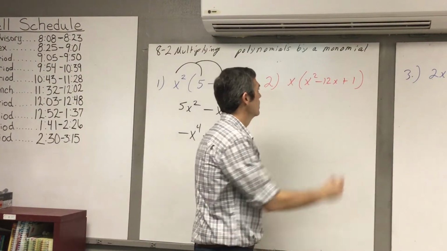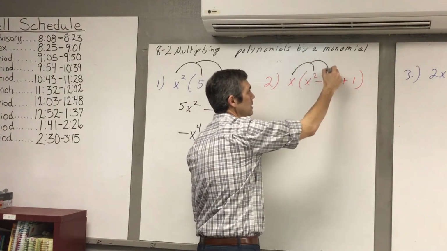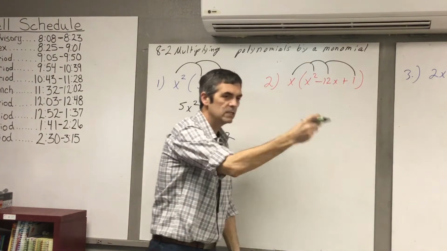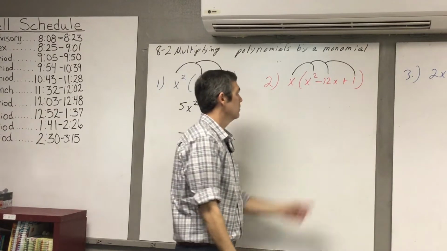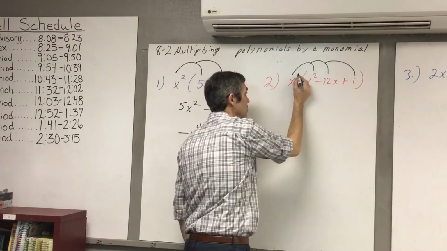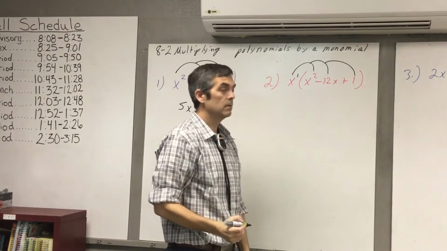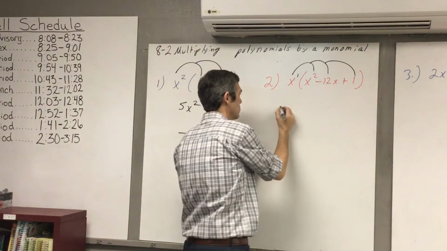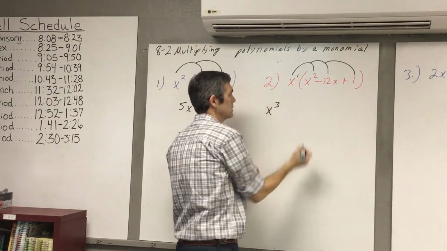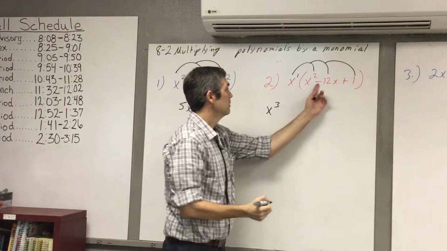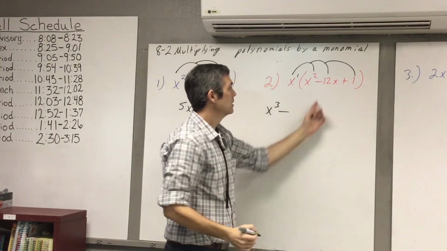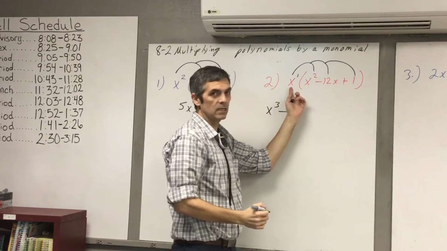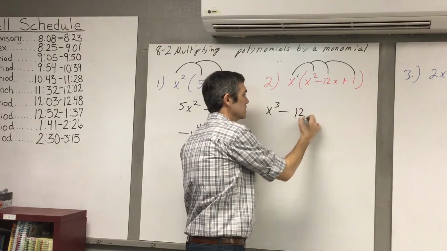Same thing here. Distribute. Here, here, and here. Every term inside of there. So x to the first times x to the second gets you x to the third. Minus 12x to the first times x to the first. 12 is still there.